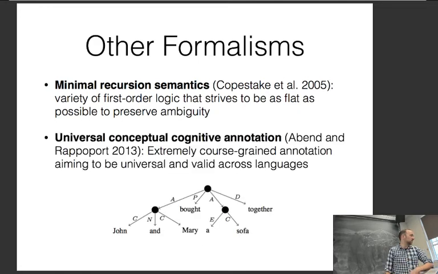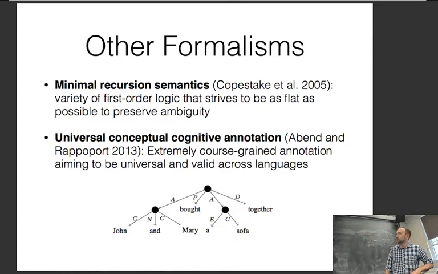Another one is universal conceptual cognitive annotation. The idea behind this is that it wants to be very close to the original sentence. So try to use the words in the original sentence as much as possible while still giving a minimum of the relationship between all of these.